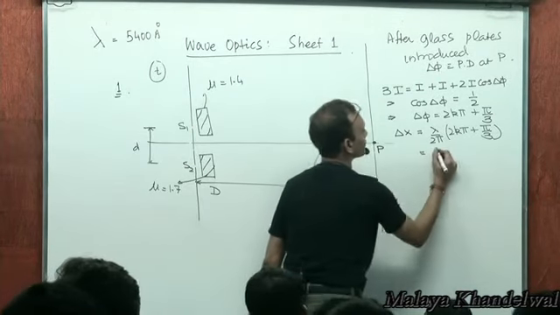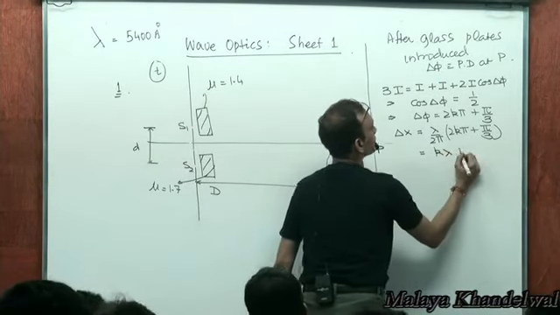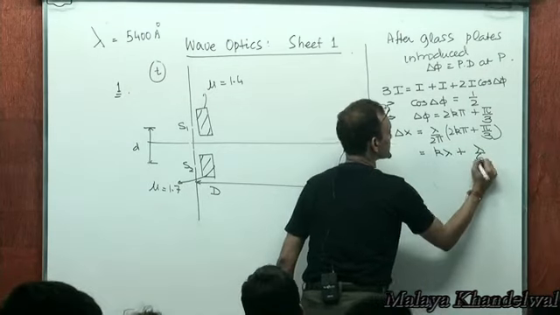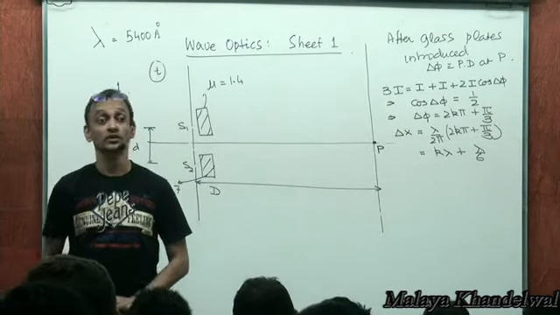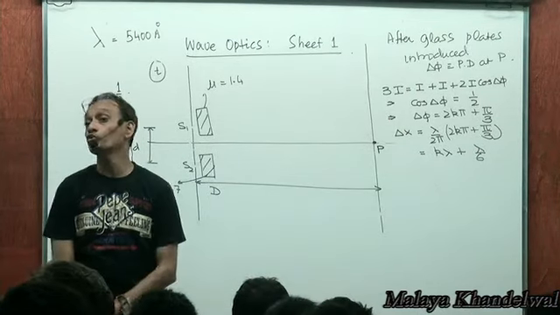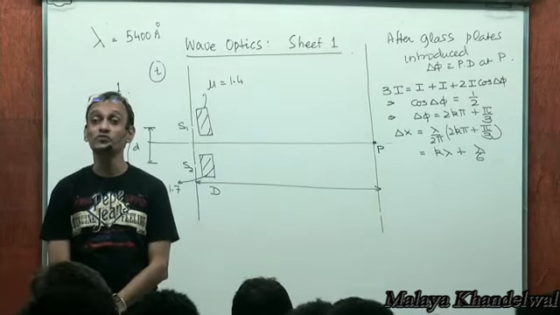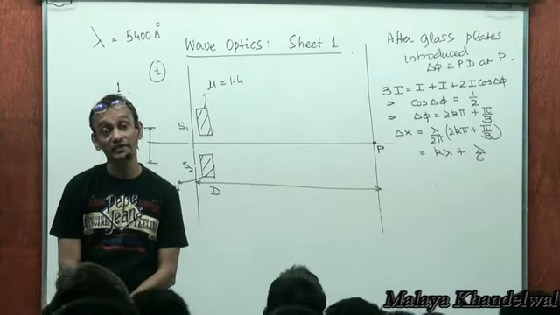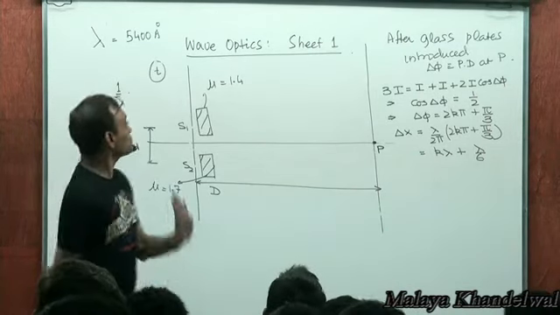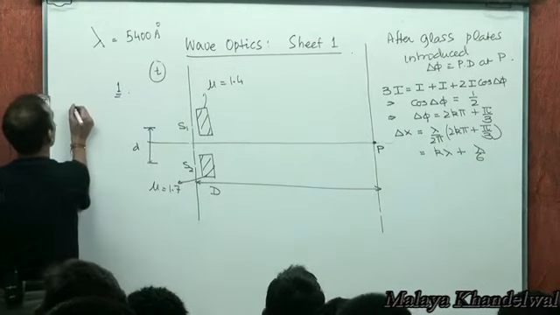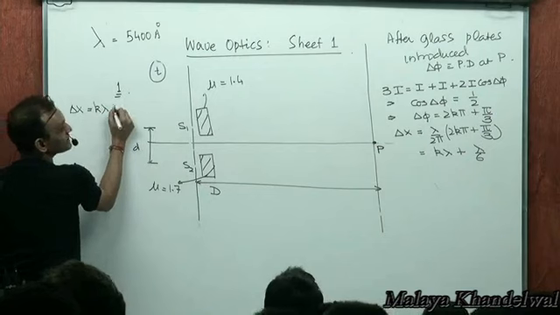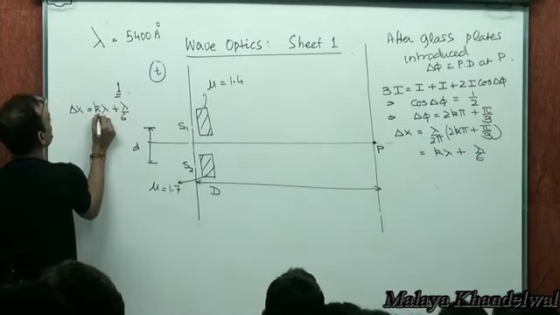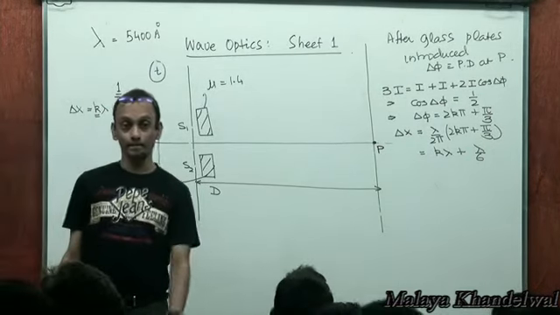Which is like k lambda plus lambda by 6. That is the path difference, is it not? But I actually don't know the exact path difference at P because I don't know the value of k that is relevant for P, right? This much that we have arrived at, the path difference at P must be of the form some k lambda plus lambda by 6. I want to figure out the value of k.